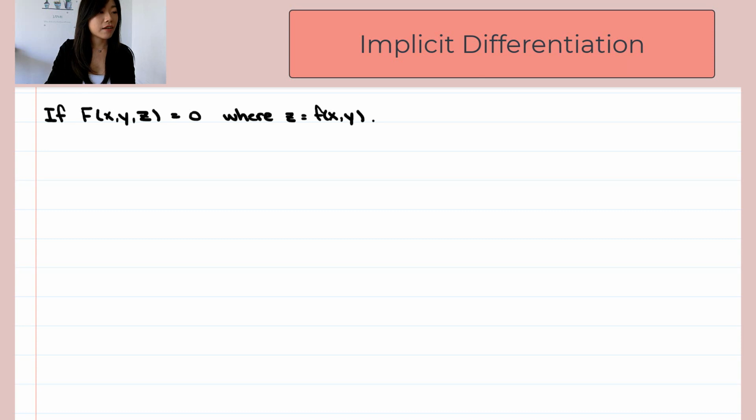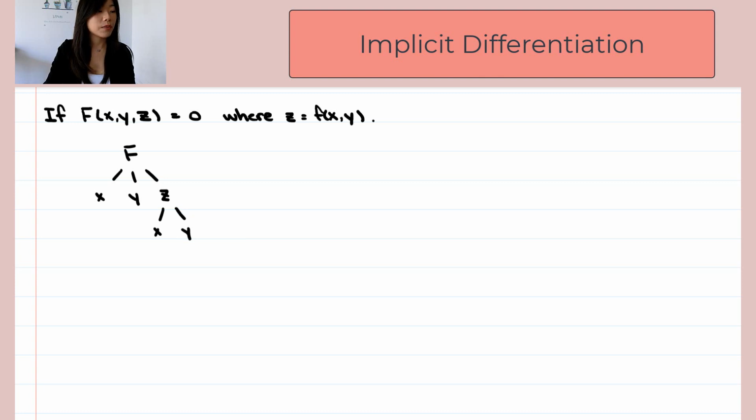Initially I have the function f, which is a function of x, y, and z. Since this equals a constant, I can solve for z and rewrite z as a function of x and y. So I can define z as a function of x and y.